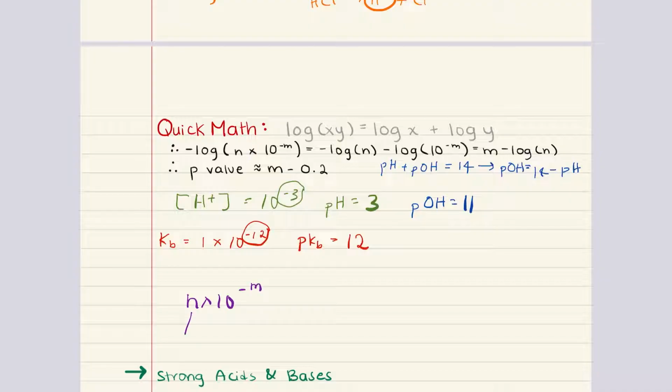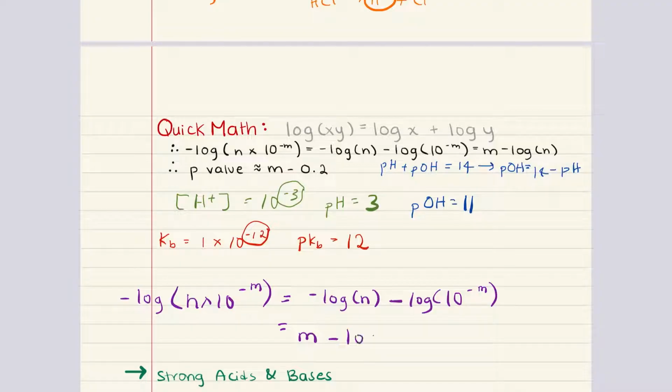Here, n has to be a number between 1 and 10. Then, by taking the negative log of this, we can simplify this calculation to minus log of n minus log of 10 to the minus m power. Further, we can simplify this to m minus log of n.